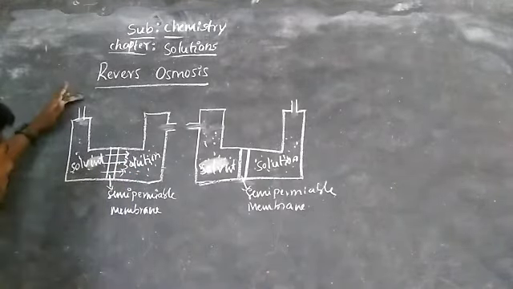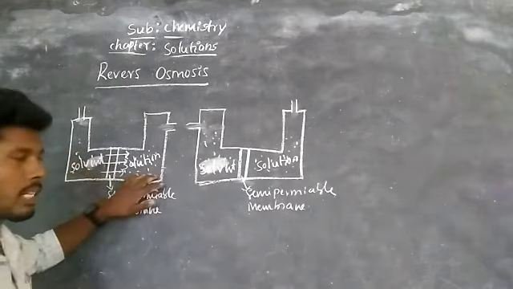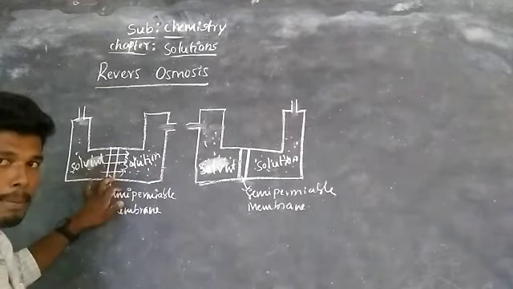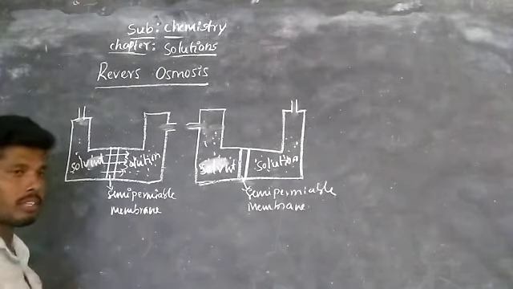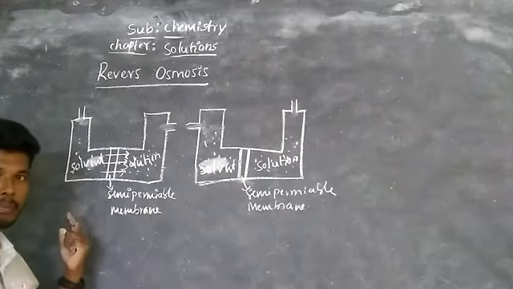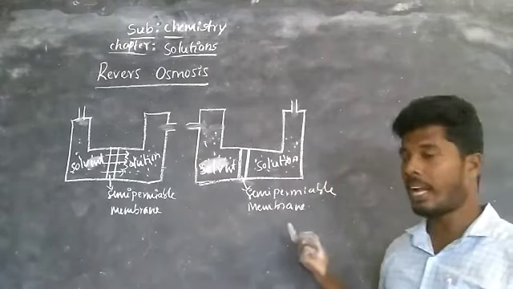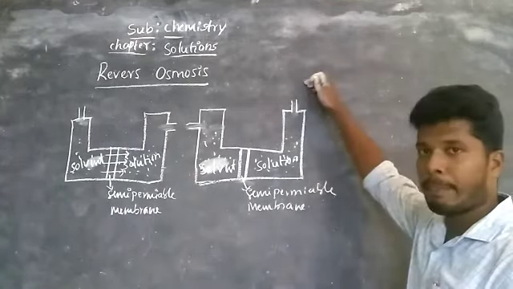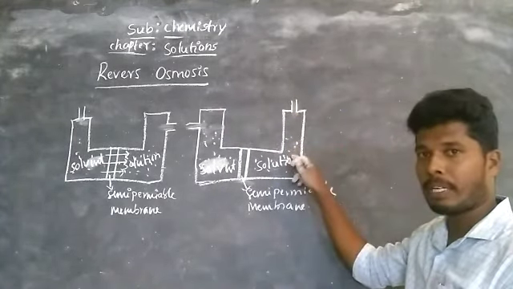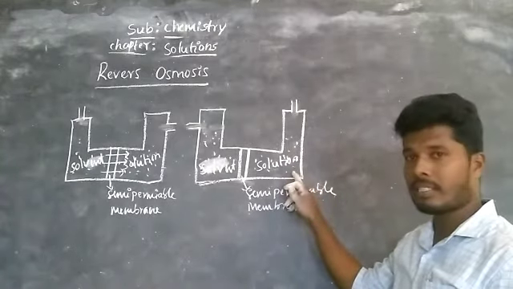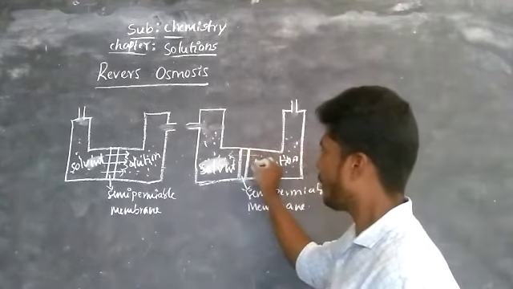So observe, when we put external pressure, the solvent particles move from the solution through the semipermeable membrane, or the movement of solvent particles from low concentration to high concentration is also called osmosis. Okay. Similarly, in reverse osmosis, it is exactly opposite. When we apply pressure which is in excess of the osmotic pressure, then the solvent particles present in the solution will be moved.